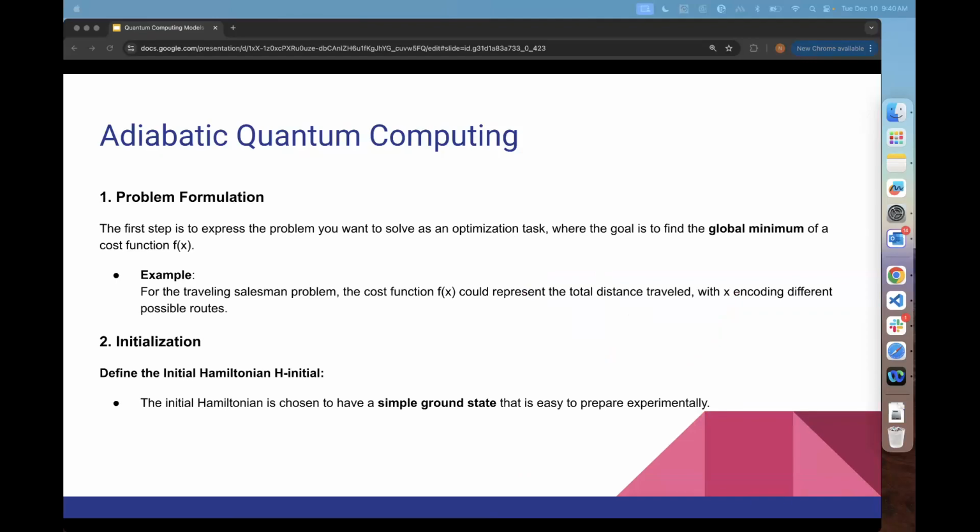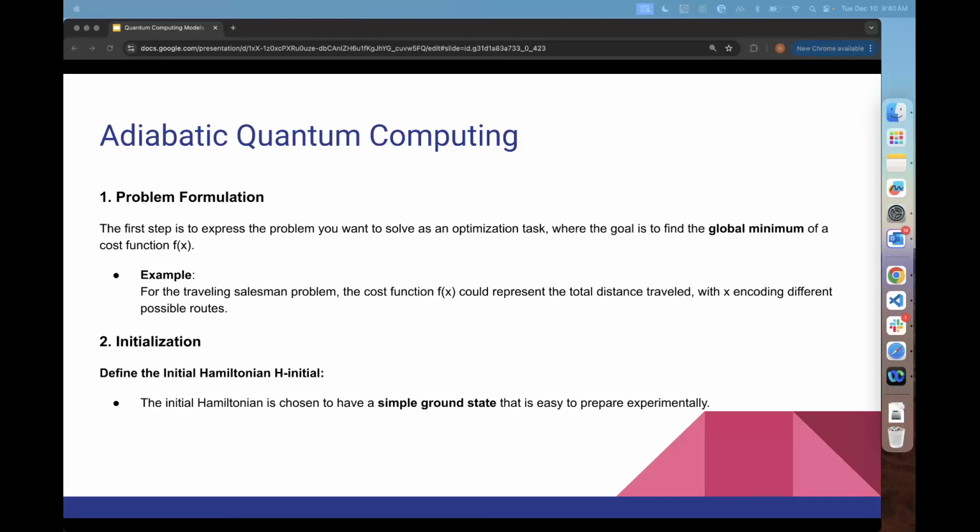As an example, if we look at the traveling salesman problem, f of x might represent the total distance of all possible routes, and the x, which is the input to that function, could encode the route configurations that one could take. By structuring the problem in this way, adiabatic quantum computing can systematically explore the landscape of solutions to find the most optimal configuration.